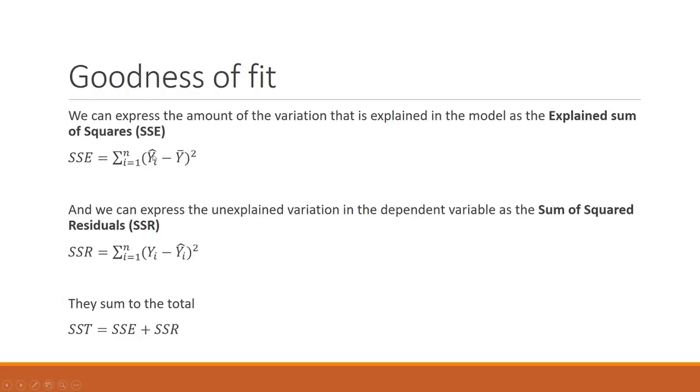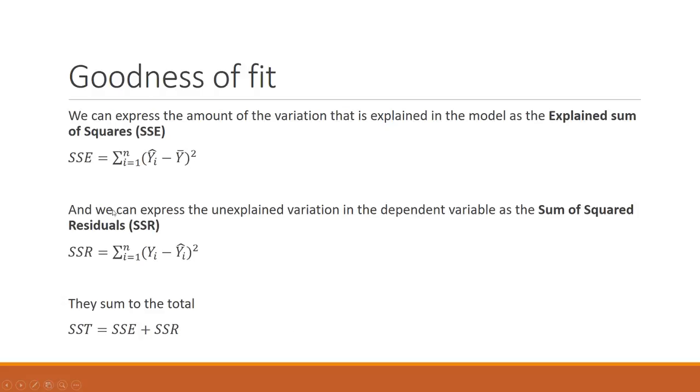It is the predicted value of y, predicted from your estimated model, for each individual, minus the mean, squared, and then summed up over all individuals. We call this SSE, the explained sum of squares, the sum of squares explained. This is a measurement of how much of that variation is explained by the model.